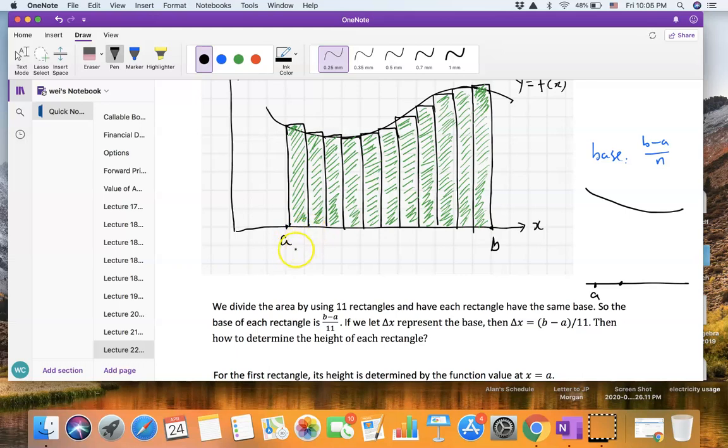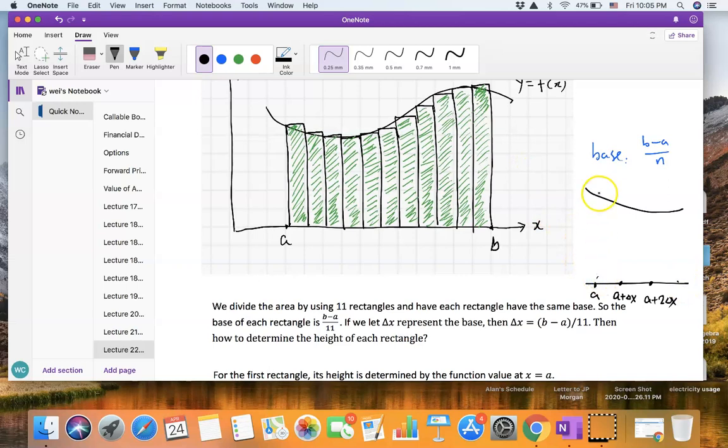Since their difference is delta x, the coordinate of this point we can represent as a plus delta x. Now for the next point, the difference is delta x again, so the next point will be this number plus delta x. So it is a plus 2 delta x.